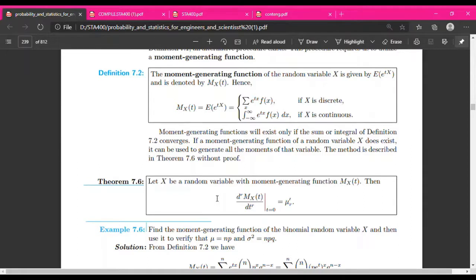Which is to find the mean ataupun expected of x, we will do the first derivative and then replacekan t dengan 0, you akan dapat expected of x.